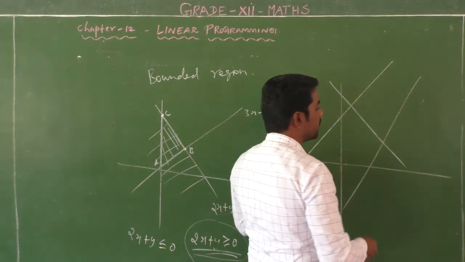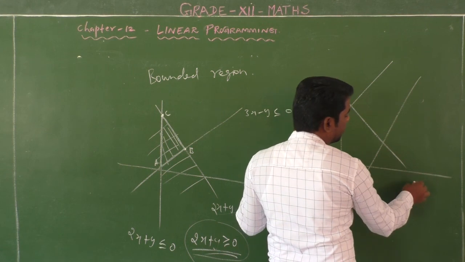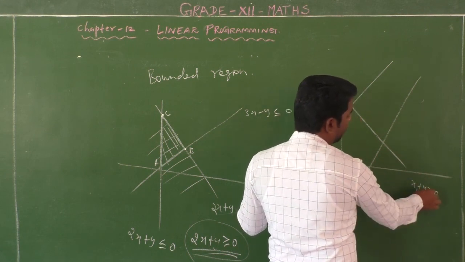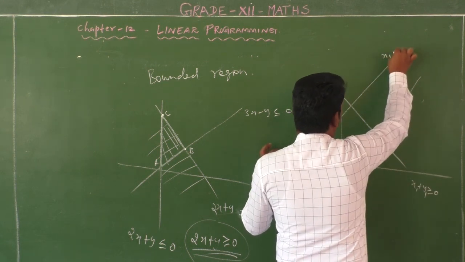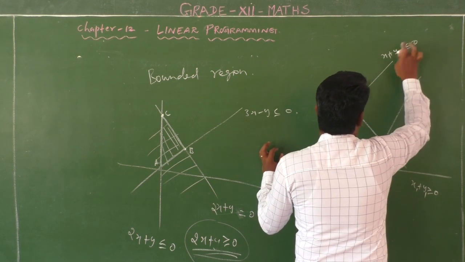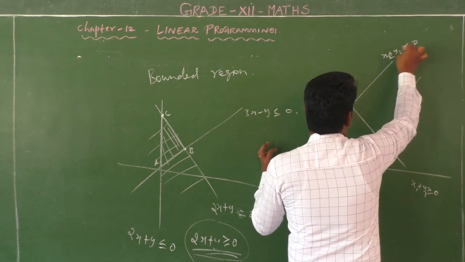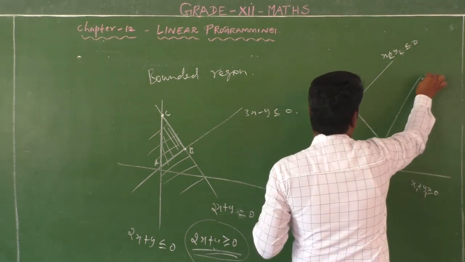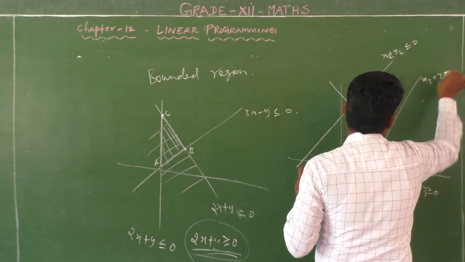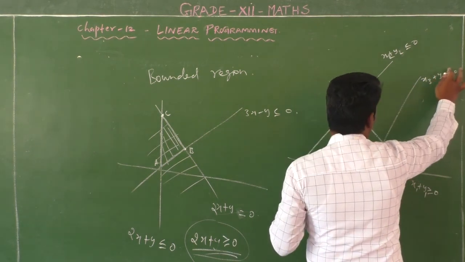It looks like this. Like x1 plus y1 is greater than or equal to 0, x1 plus y1 is less than or equal to 0, x2 plus y2 is less than or equal to 0, and x3 plus y3 is greater than or equal to 0. Okay, right.